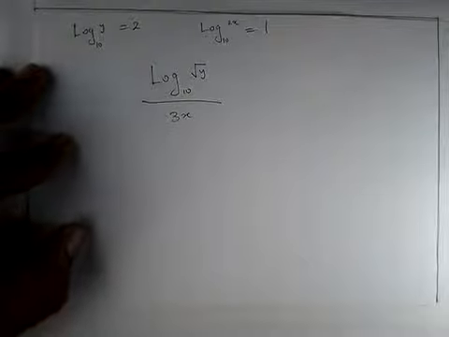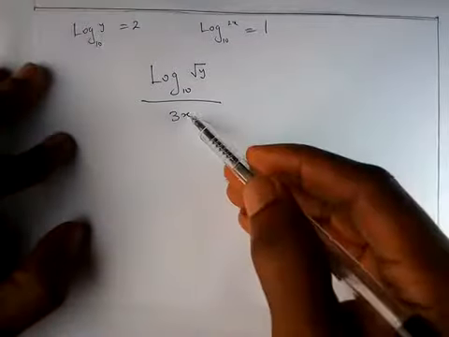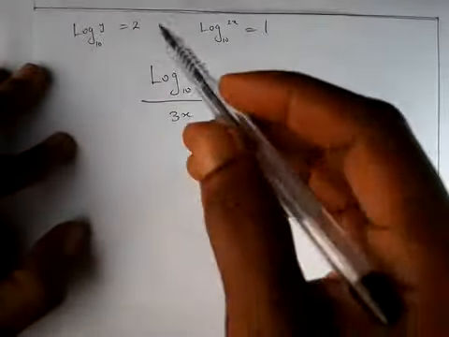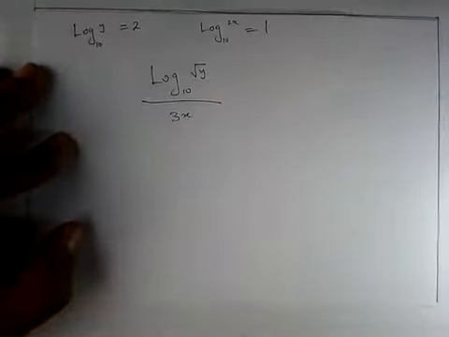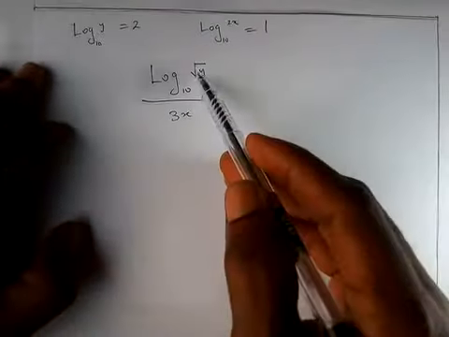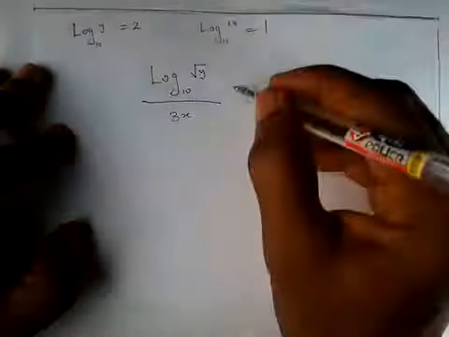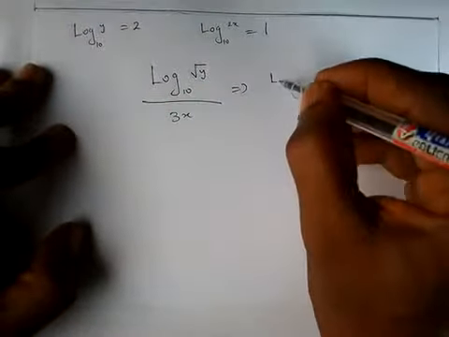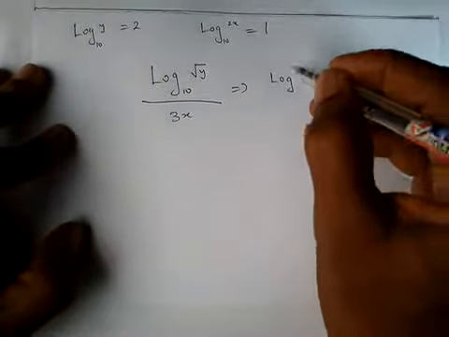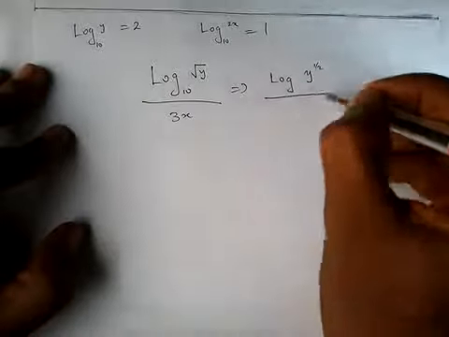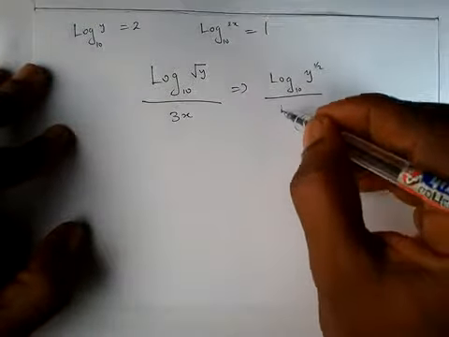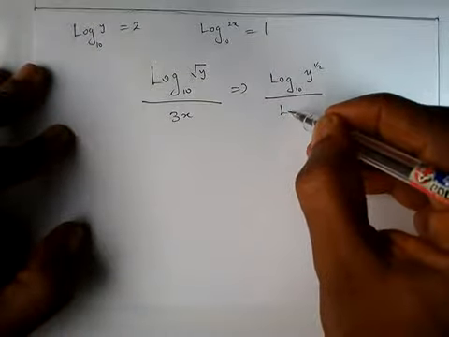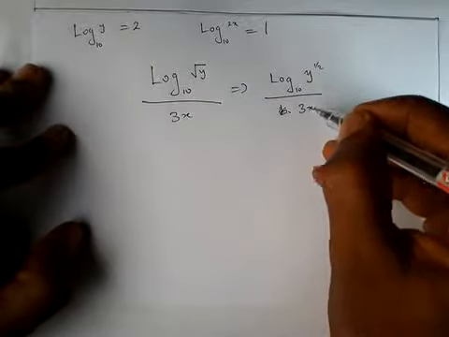So it means we need to get x, so we can substitute it here, and also we need to get this. Now look at this critically. This is log of y raised to power 1 over 2 to base 10 divided by 3x.